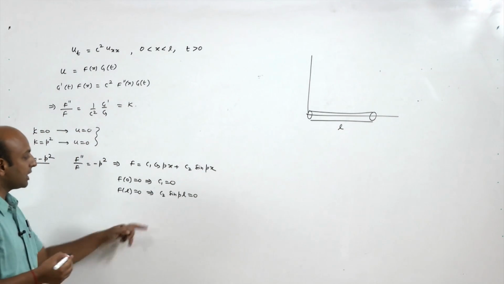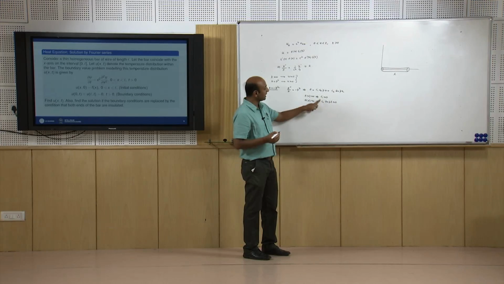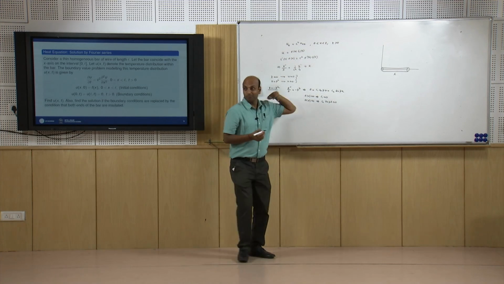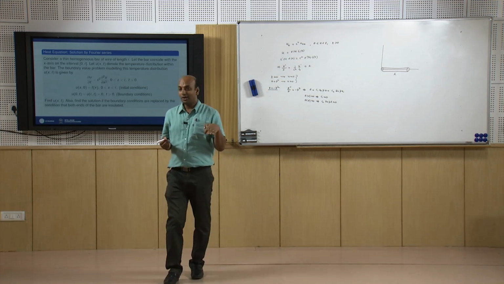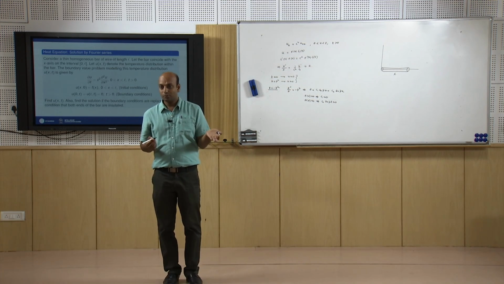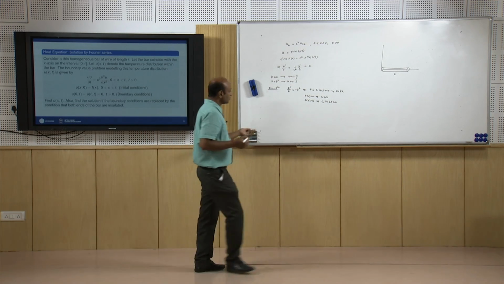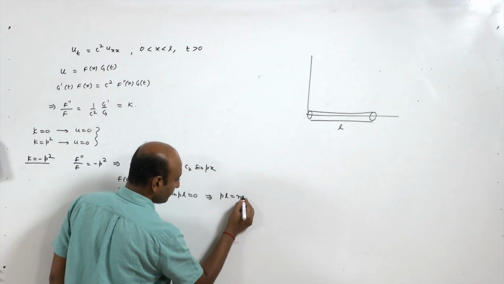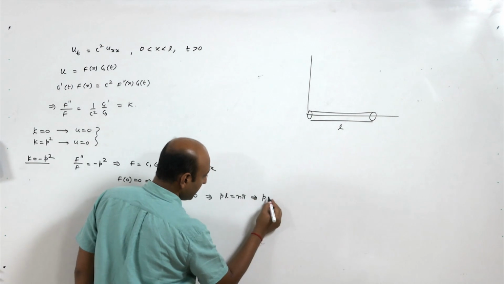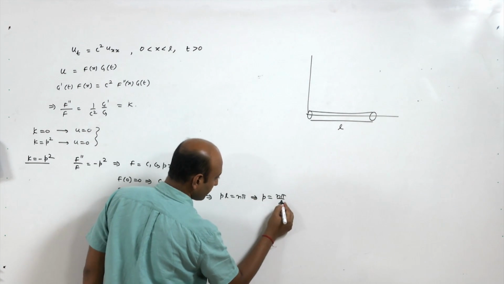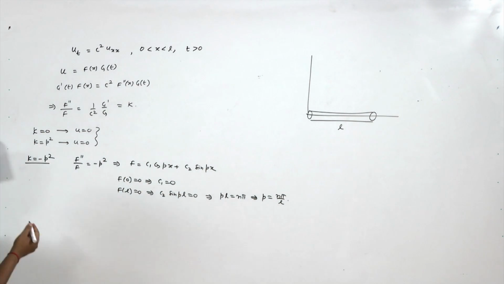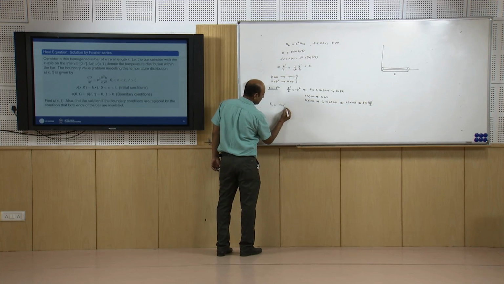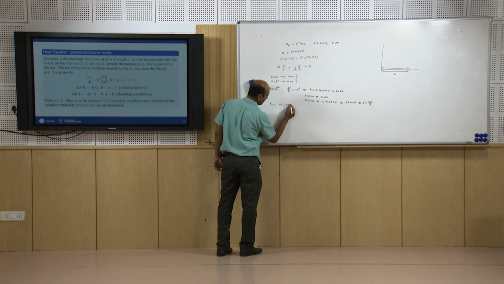Since c2 can't be 0, because if c2 equals 0, again f will be 0, which in turn gives u equal to 0. Because if f equals 0, then u will be 0 and u can't be 0. So, this implies pL will be n pi, and this implies p will be n pi by L. So, from here we will get Fn equal to sin(n pi x by L).